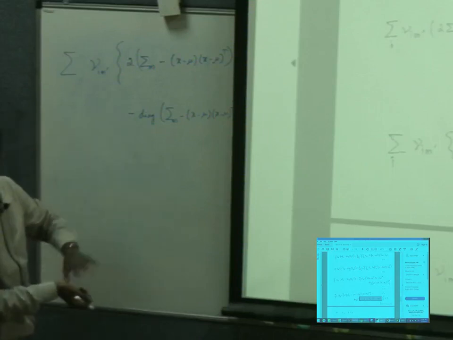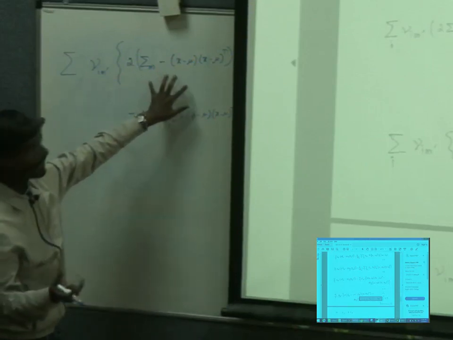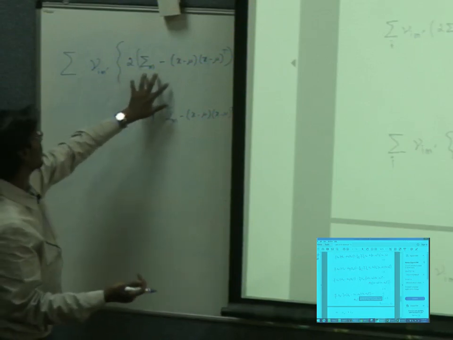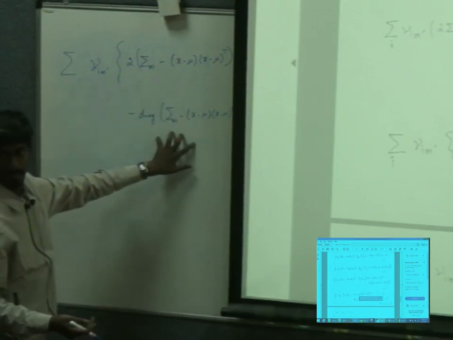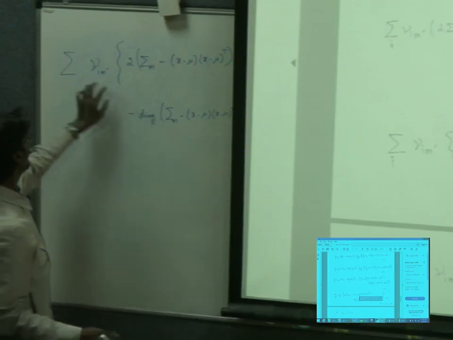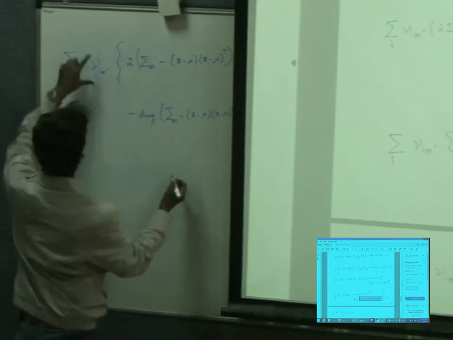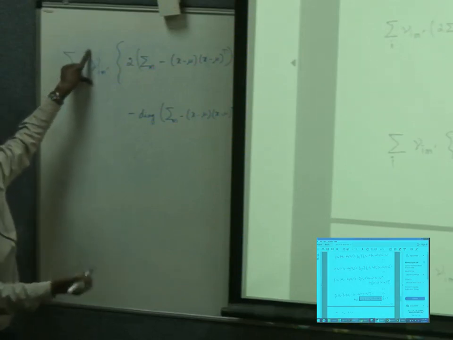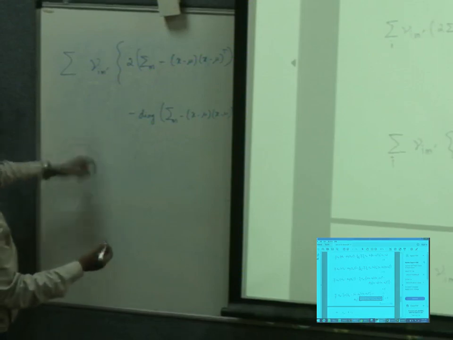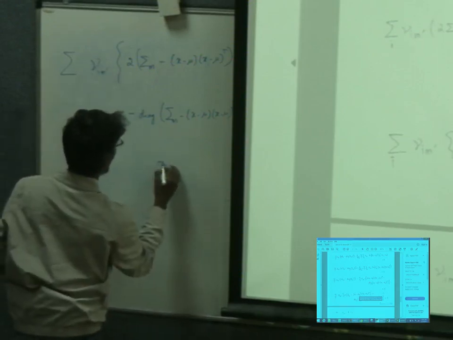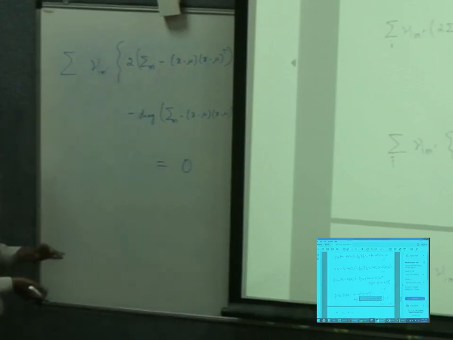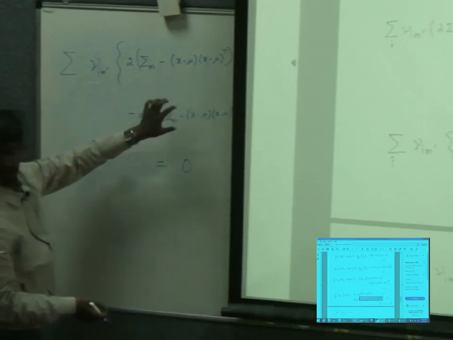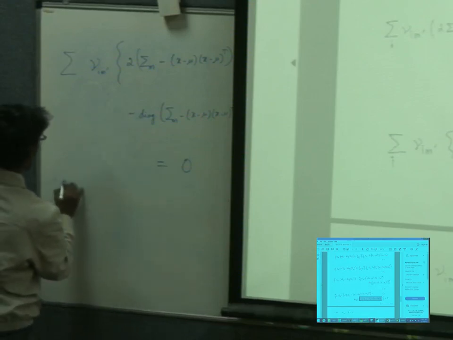So what does this mean? You have a matrix, you double each of the elements of the matrix, and you take only the diagonal element, and you weigh it with some non-negative quantity. Because these posteriors are non-negative, these are probabilities, and when you do that you get 0, which means the matrix itself should be 0, right?